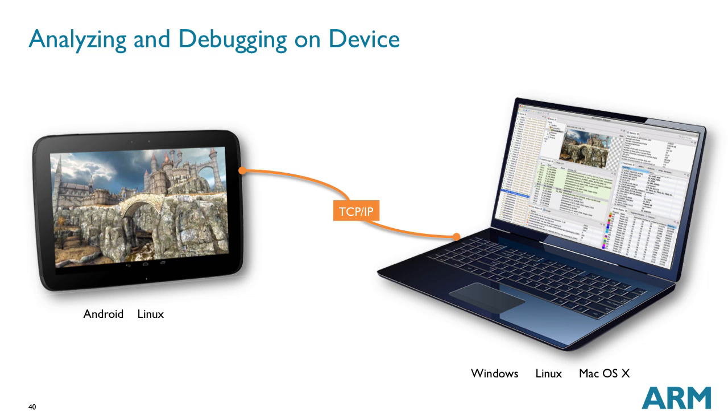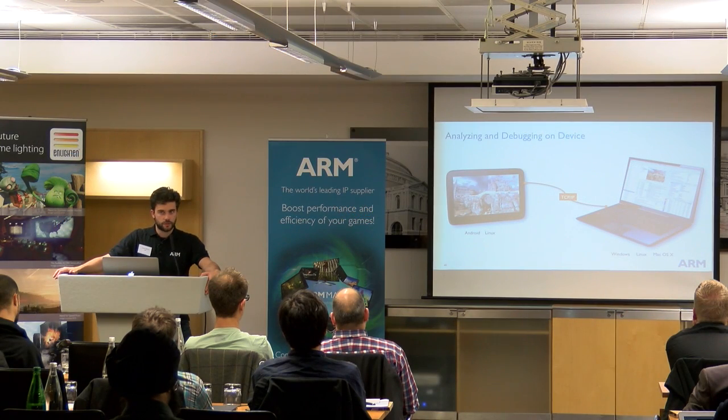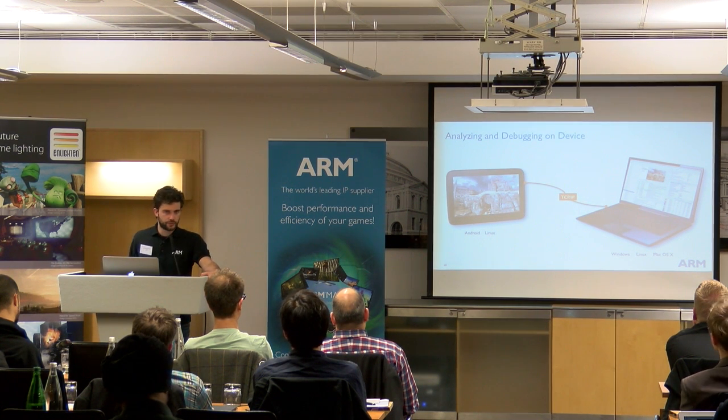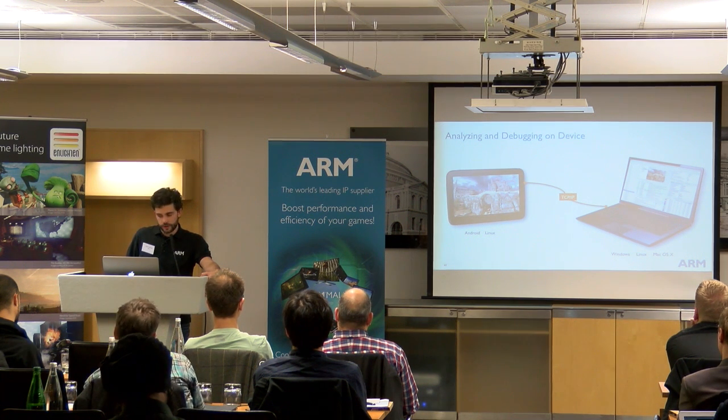Both Streamline and the Mali Graphics Debugger work in this way. You need a target, which is Android or Linux. You install a daemon. In the case of the Mali Graphics Debugger, it's called MGD daemon. It works in user space only mode, so you don't need to fiddle with the kernel.